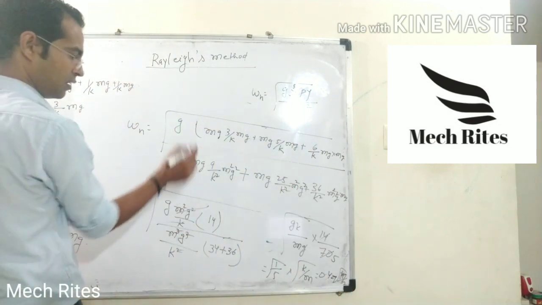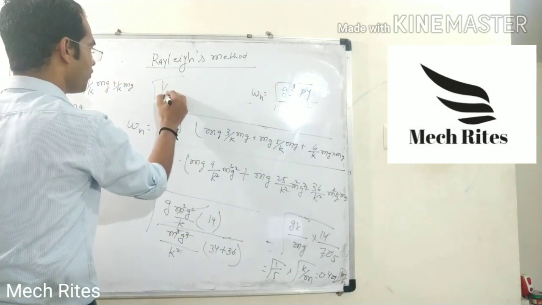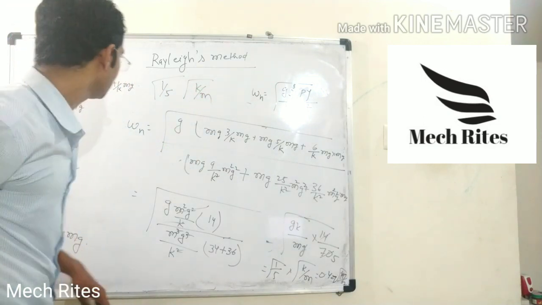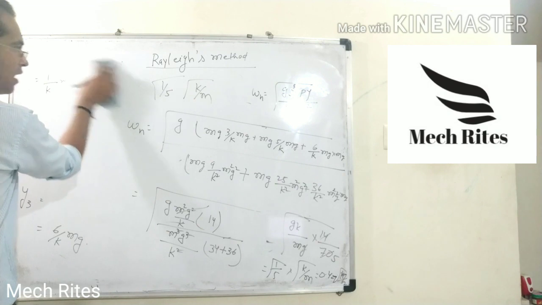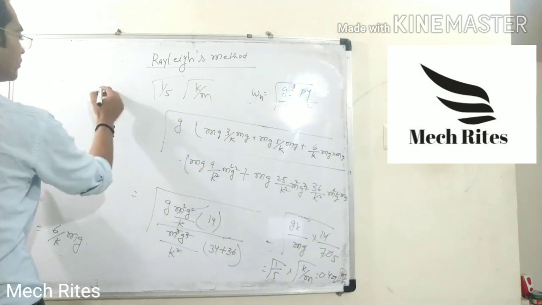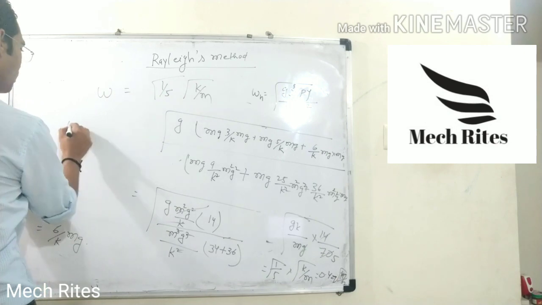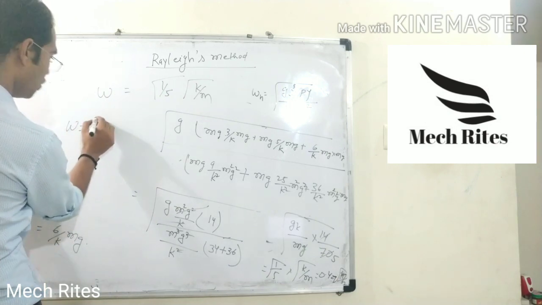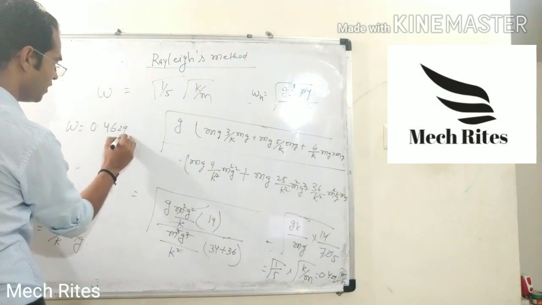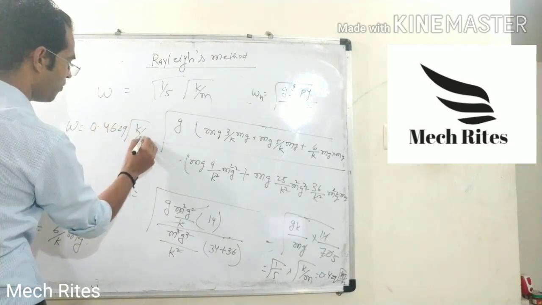Under root 1 by 5 under root k by m. It is omega square. Value of omega square. So omega is equal to 0.4629 under root k by m for this particular system.